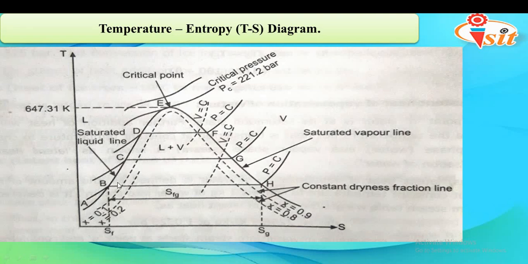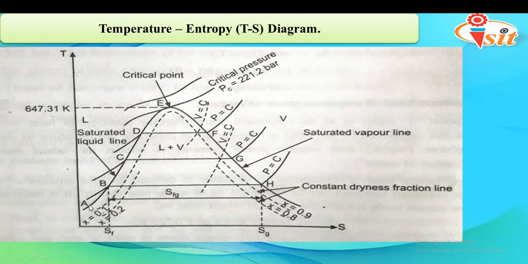This graph consists of a bell-shaped curve divided into two parts. The first part starts from point A and ends at point E. This line is called the saturated liquid line. The region from point E to H is called the saturated vapor line.